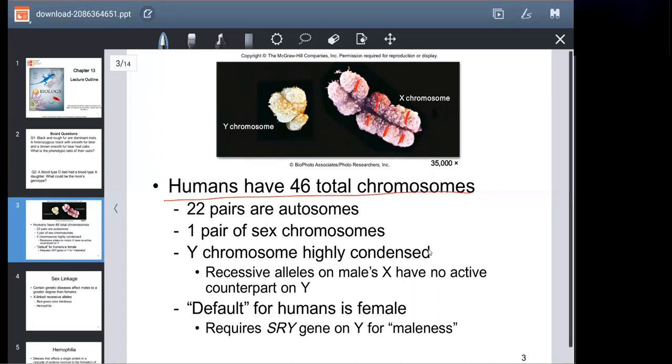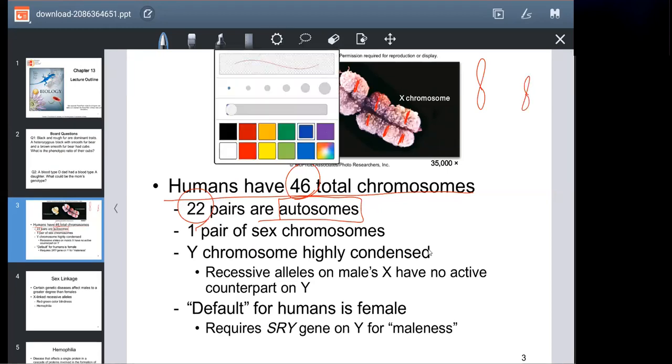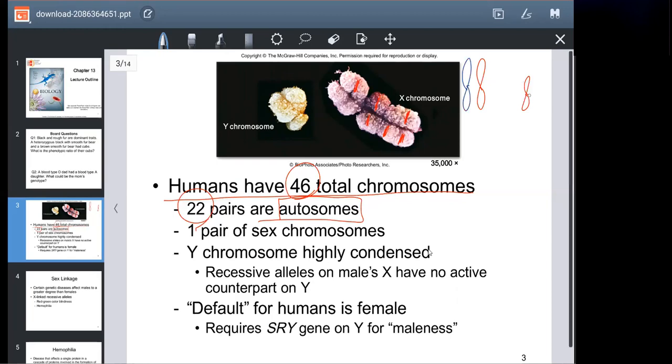Humans have how many chromosomes total? 46. Out of them, 22 pairs are what we call autosomes. If you have one chromosome 1 from mom, you similarly have one chromosome 1 from dad. You have one chromosome 2 from mom and one chromosome 2 from dad, and you have 22 pairs of this.